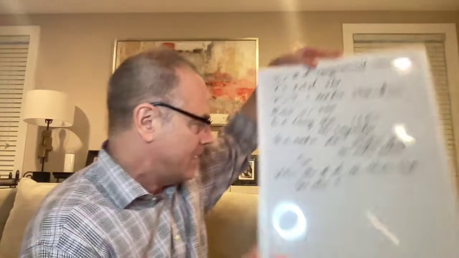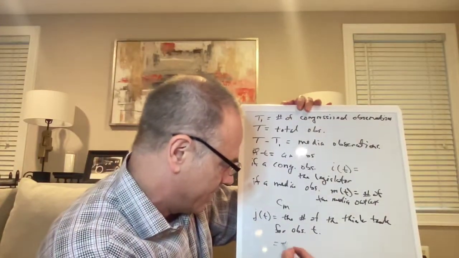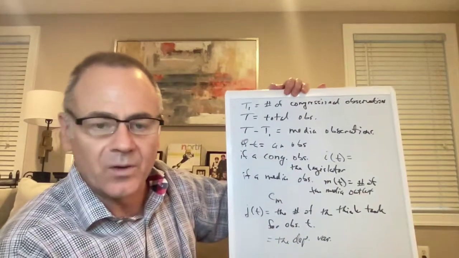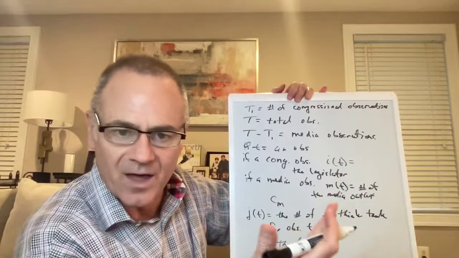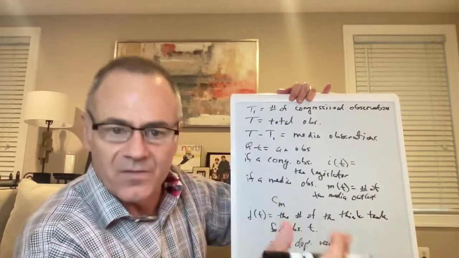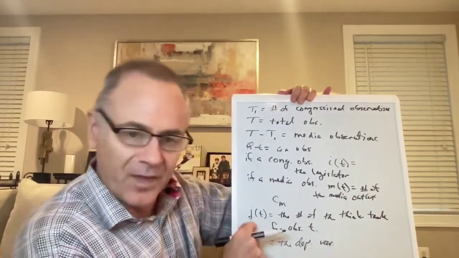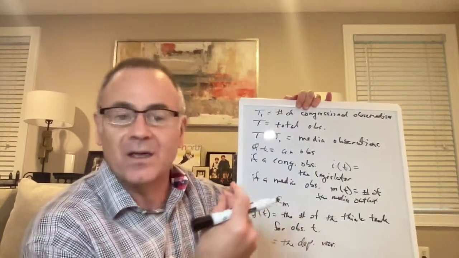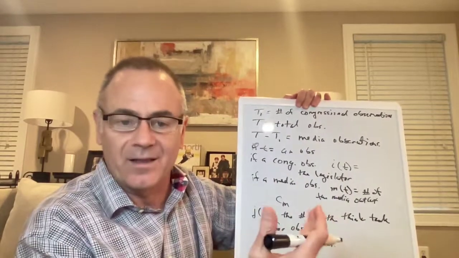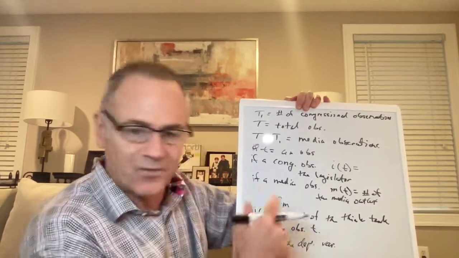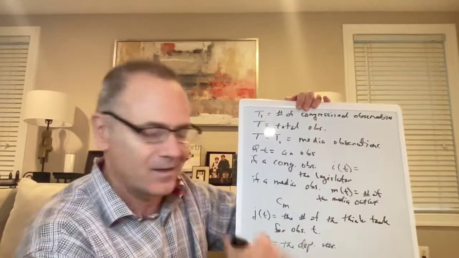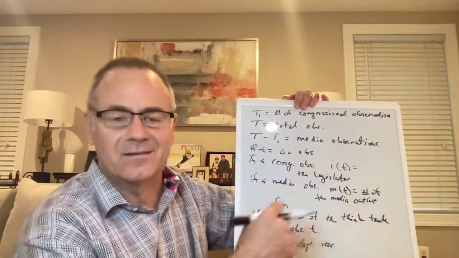J of T equals the dependent variable. For each of these 25,000 observations, we look at the number of the think tank that was cited, and we call that J of T. Then I'm going to write the probability that, if the first observation is think tank number 32, the legislator or media outlet cites number 32.